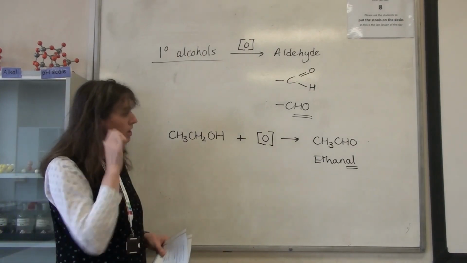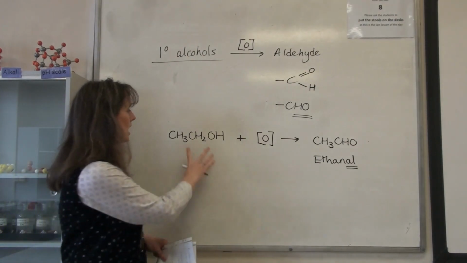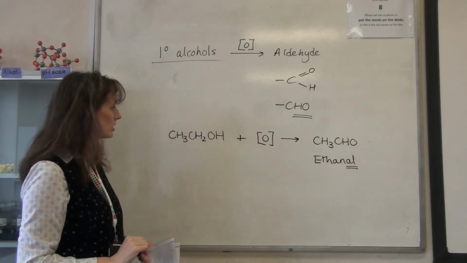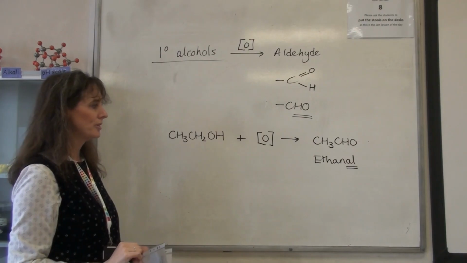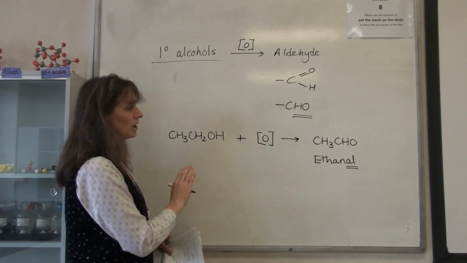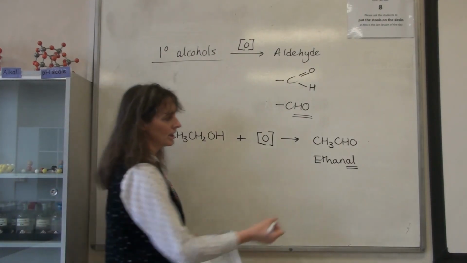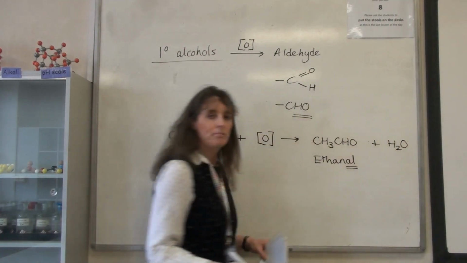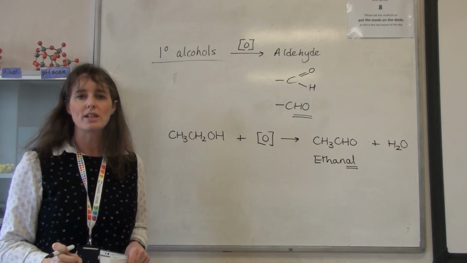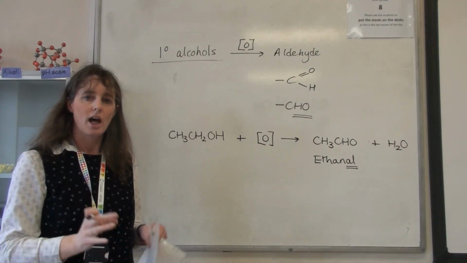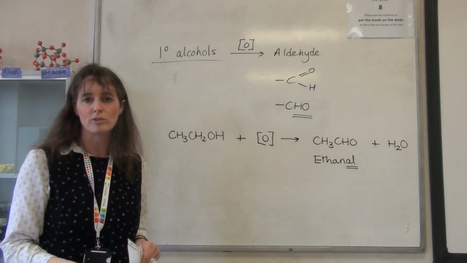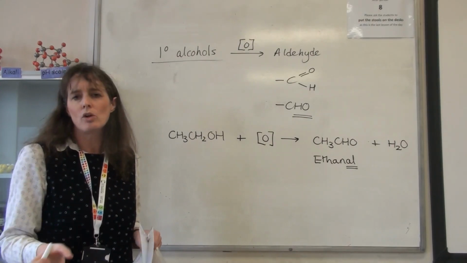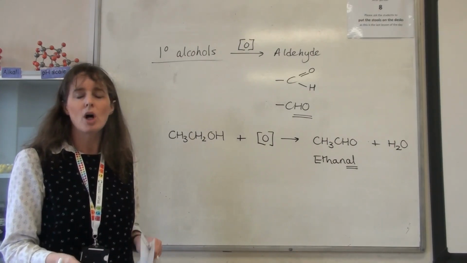Now obviously at the moment that is not balanced. We have too many hydrogens on the left, and we've got two oxygens on the left. So if you look carefully, you will see that the missing product is water. Please be careful that with some of these reactions, when water isn't involved as a product, some students have a tendency, when one of the oxygens is left over, to put hydrogen as a product.